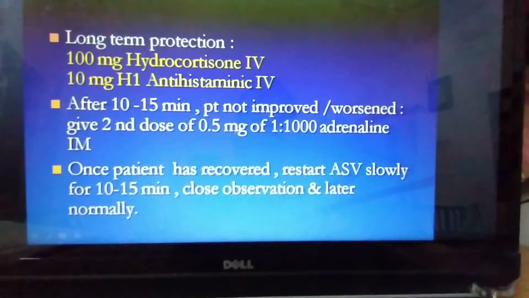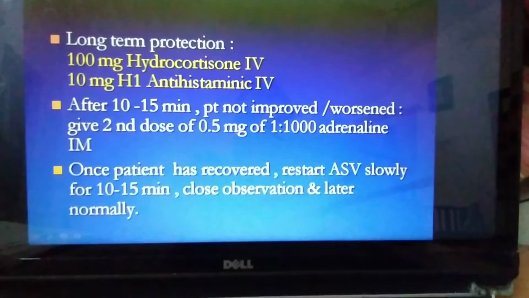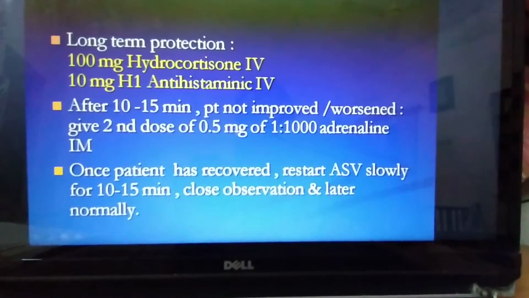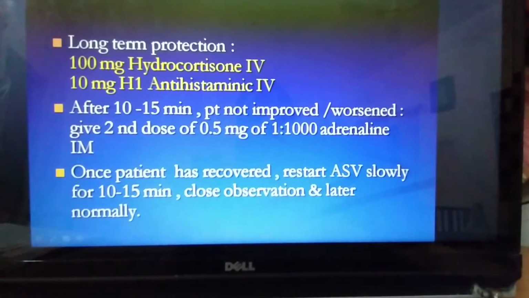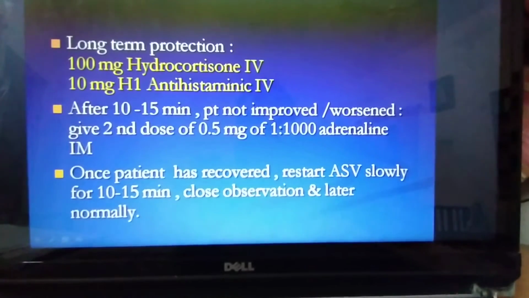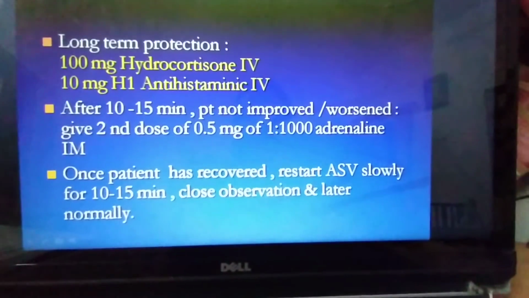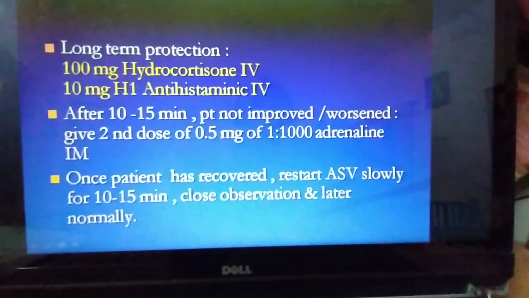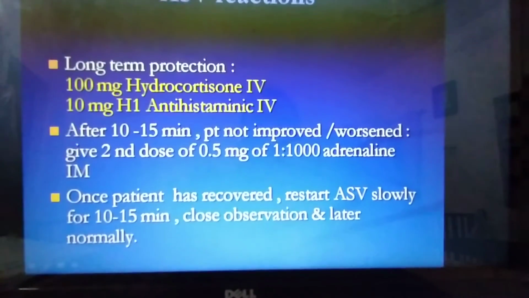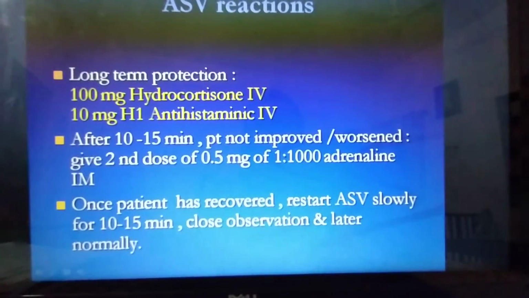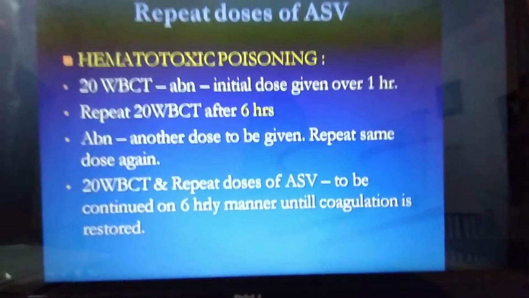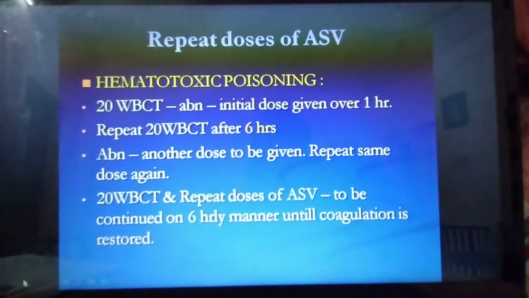Then you can restart the anti-snake venom slowly over 10 to 15 minutes under close observation of the patient. So see that the patient is closely observed while being administered the repeated dose of anti-snake venom.